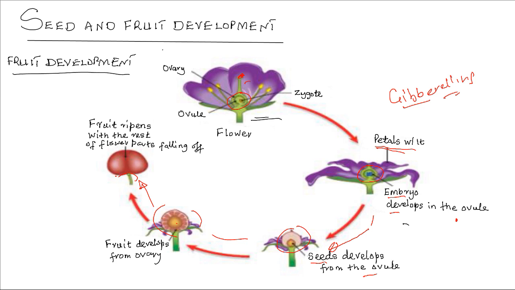In some plants, the flower, and in particular the carpel, may develop into a fruit even without fertilization. And now, without fertilization, there can be no seed formation, even though the fruit develops. Now, this condition in which the fruit develops even without fertilization, such that the seeds are not formed, is known as parthenocarpy.